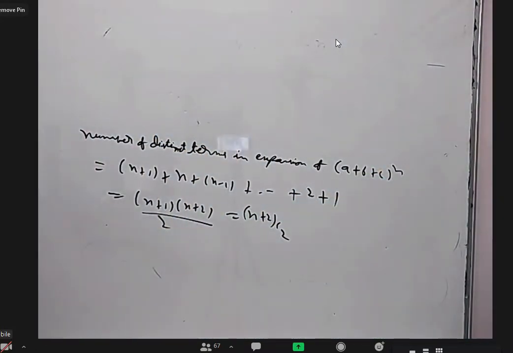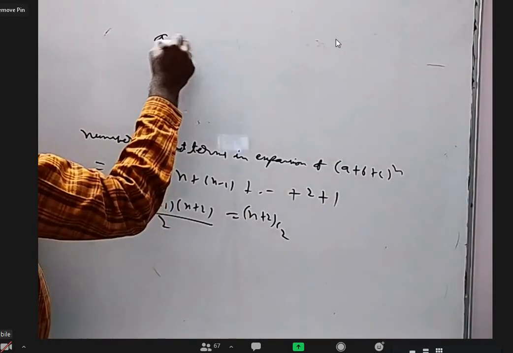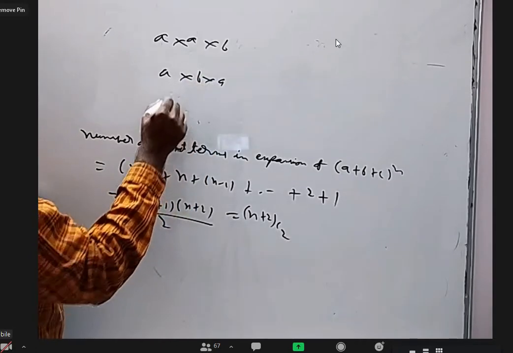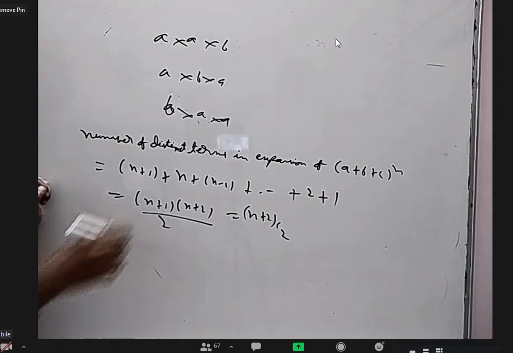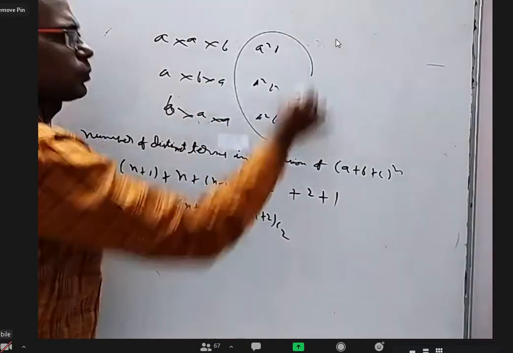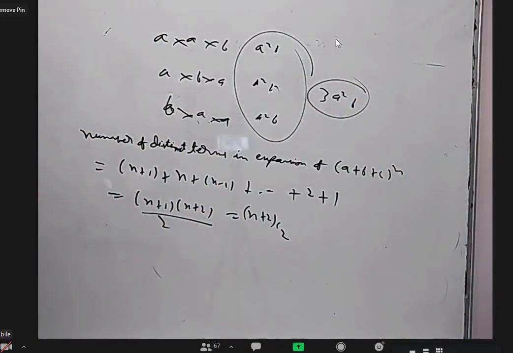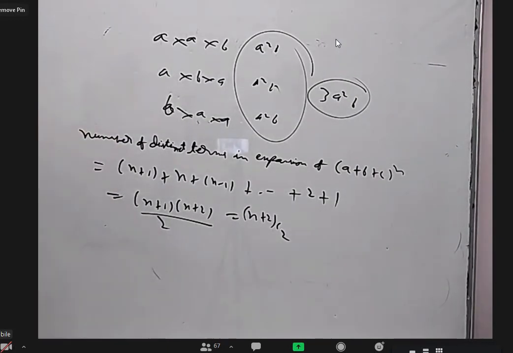Why it is important is, let us say I multiply a into b, or a into b into a, or b into a into a. They are not three different terms. This also is a square b, this also a square b, this also a square b. All put together is 3a square b. Correct, no? So we are not going to take these as different terms. Similar terms are added together and considered as one term when you multiply.